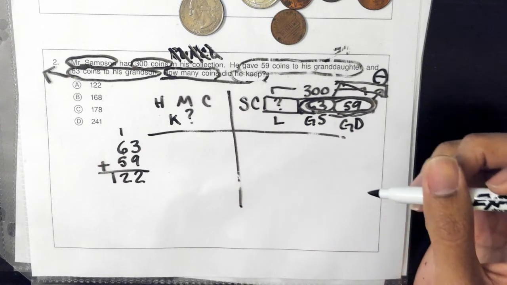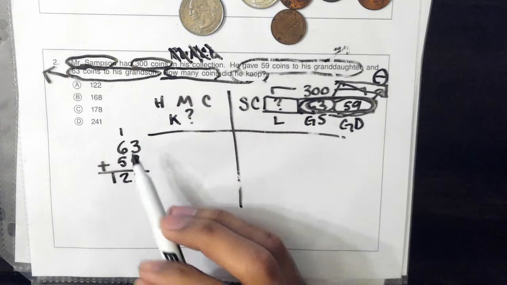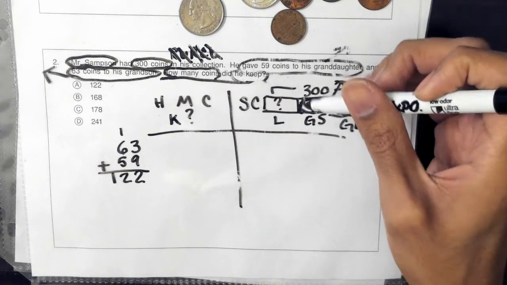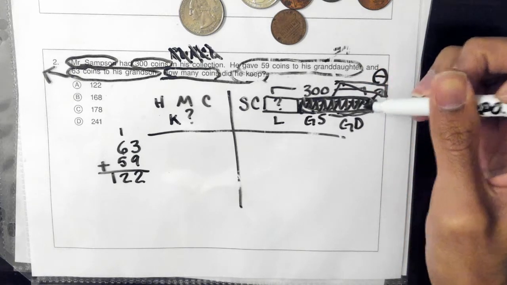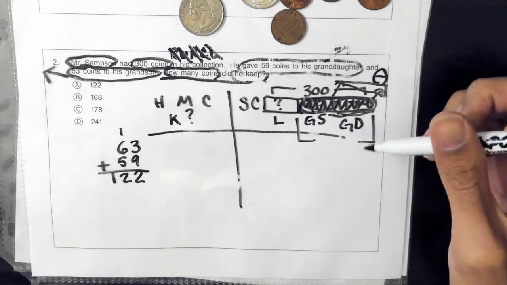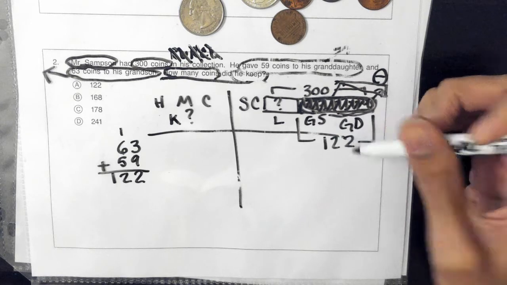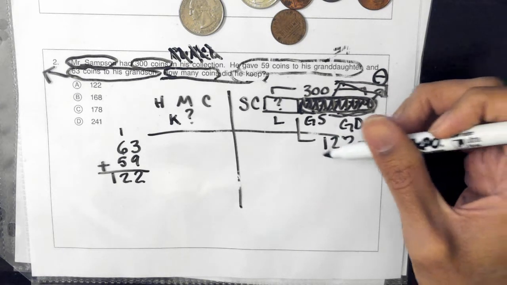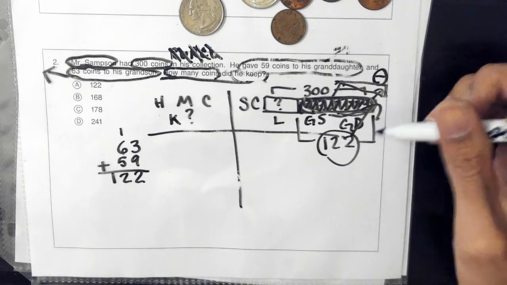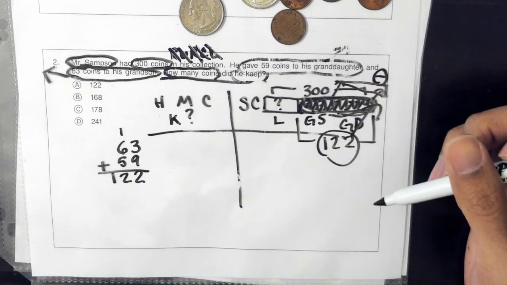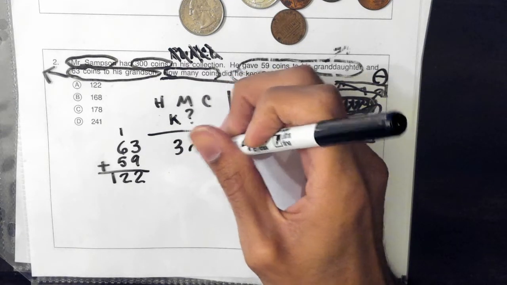So we get 122. Now remember that we just added this number and this number. So we just found the total for that section, 122. And now we can take away that 122 from our total of 300. So let's start from 300.